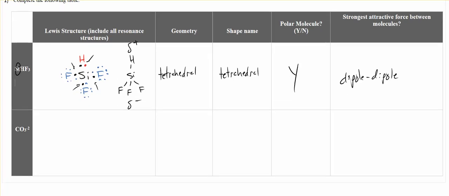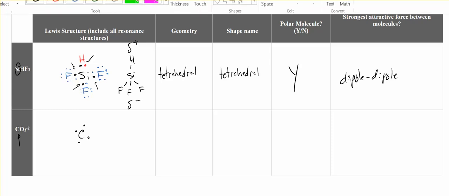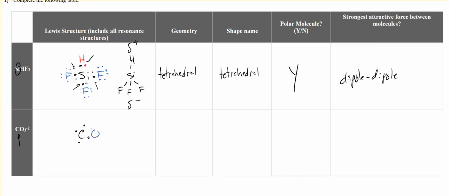Next up, we have the carbonate ion, CO3 with a -2 charge. Again, carbon's going to be a good candidate to be in the middle because it can form 4 bonds. We'll put 4 electrons around carbon and then begin adding in 3 oxygens. Oxygen has 6 valence electrons, so we'll draw 6 around each here.